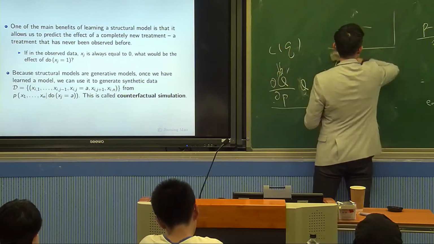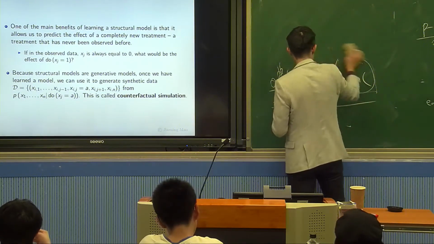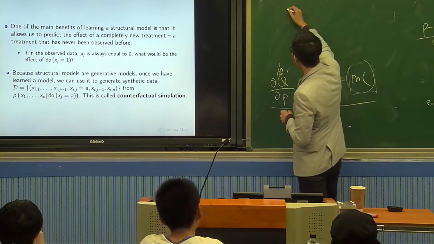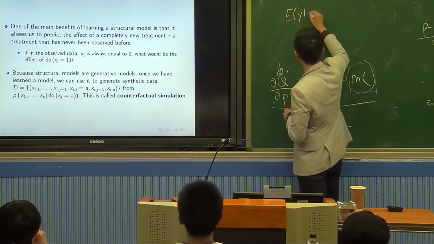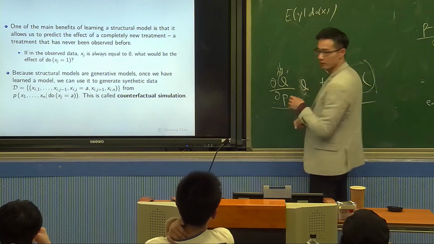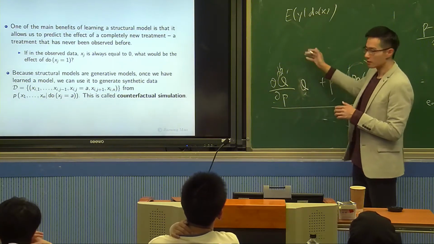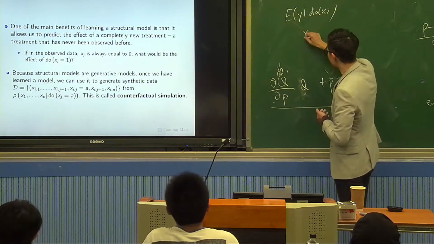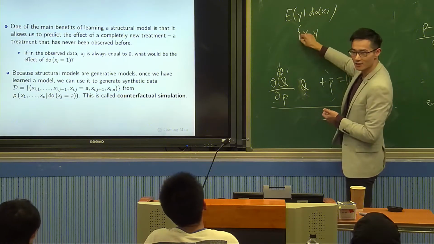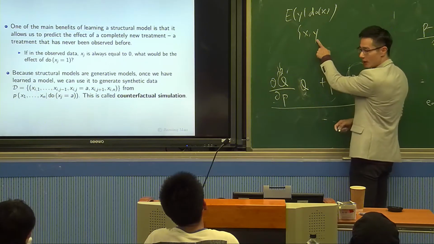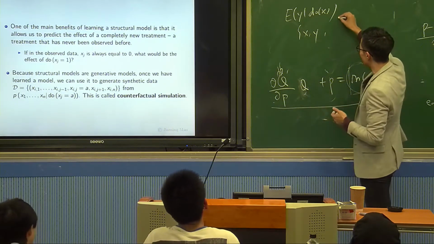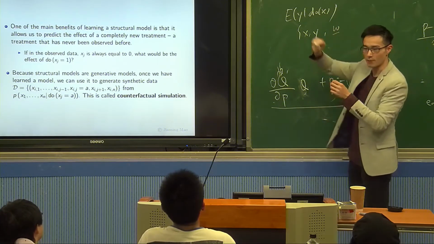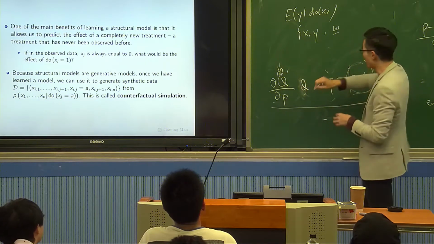Remember, when we discussed causal effect learning, I said if I want to know E[Y given do(X)], what do we need? I said you need data on X and Y at least, and then maybe you need data on some W that blocks all the backdoor paths.